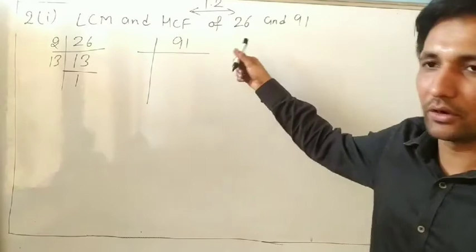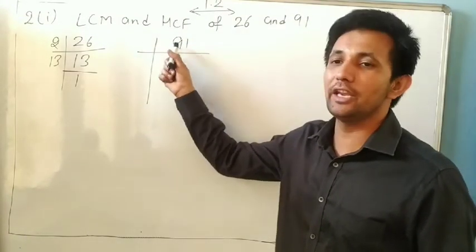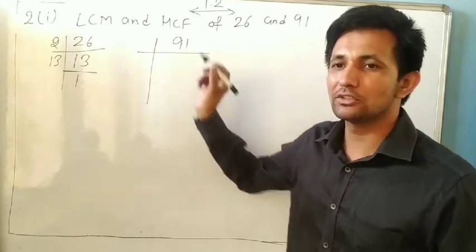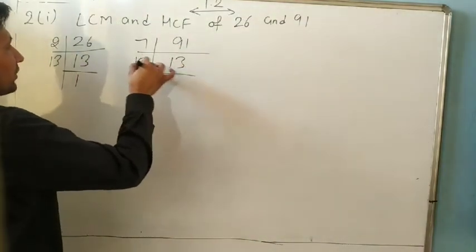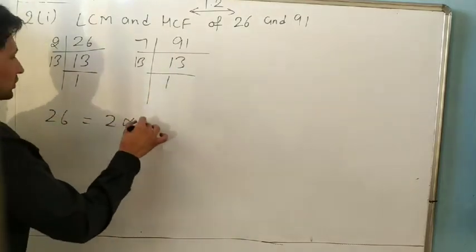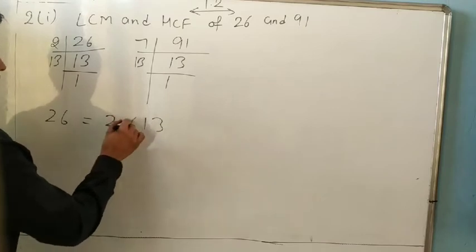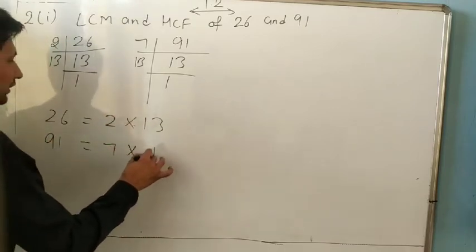No. 3? No. 5? No. 7? Yes, 7, 13. 13 into 1. So 26 equals 2 into 13, and 91 equals 7 into 13.